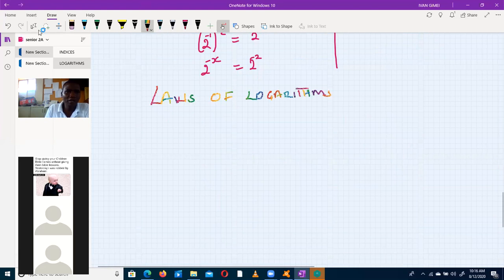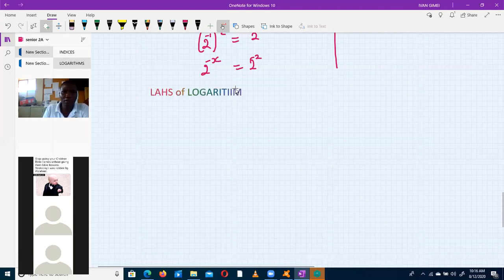That's what we're looking at next, the laws of logarithms. Those are the laws we're going to base on to do most of the numbers that will follow, just like we use the laws of indices to do most of the numbers. What is this? Laws of logarithms.